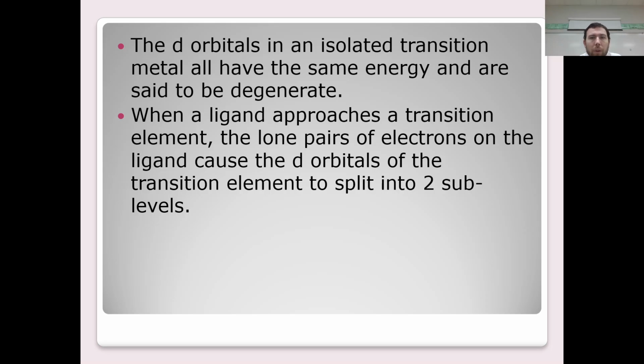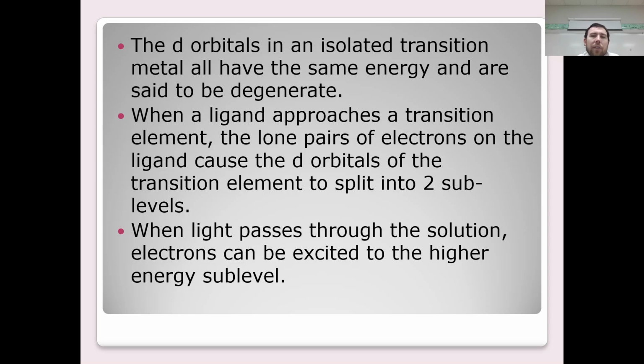And the reason for that has to do with the ligand that's approaching the transition metal. So we think about in the previous slide, we had iron in the water molecules, the lone pairs are approaching that ion, and it's going to cause the d orbitals to split into two separate sublevels, right? They're still d sublevels, so they're still d orbitals, but the d orbitals that have been split are going to have differing energies.